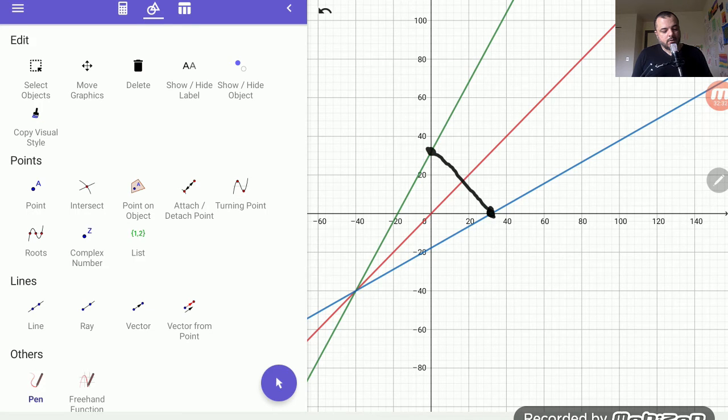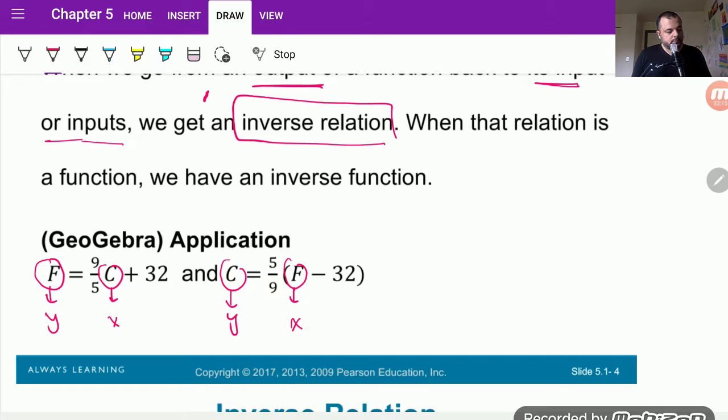It's a reflection. The reflection of this point is on the other side. Take any point and go in a straight line. You're gonna find it on the other side. So this is an example of how we see the functions and their inverses.